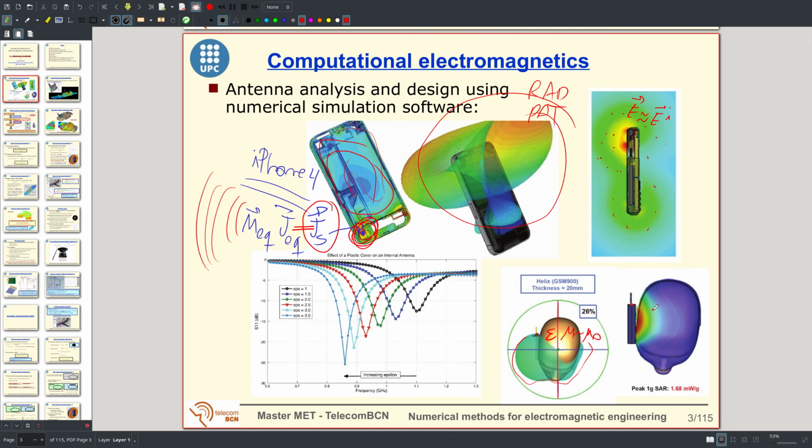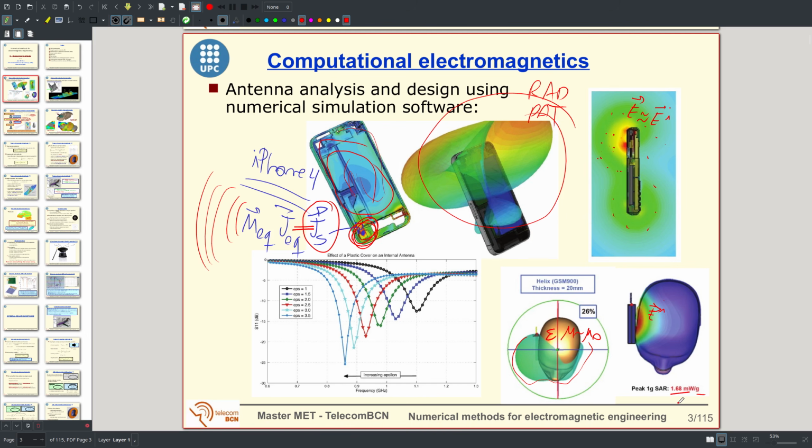But we can also compute the near field inside the head to check if it agrees with the regulations about the maximum allowed electromagnetic power that can be dissipated inside the head. Okay, so for this phone, they have computed that in 1 gram of human brain you dissipate 1.68 milliwatts, which agrees with the norm, the regulations.